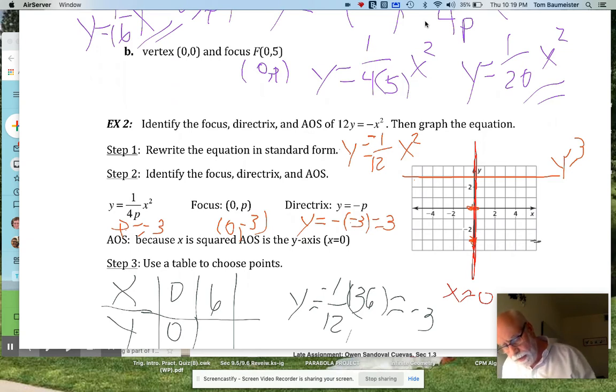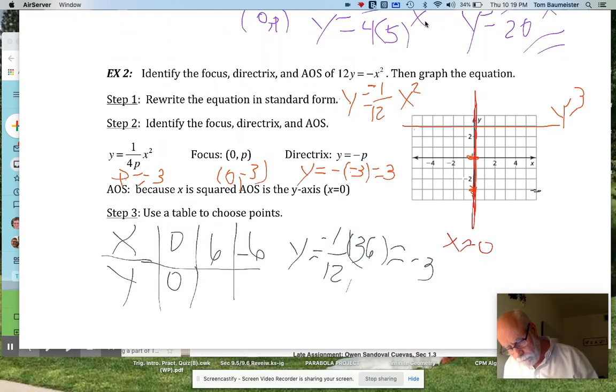And then if I did negative 6, again, I would get negative 3 for that one too. All right, so I'd put one there too. And again, you're going to have something that looks like that.